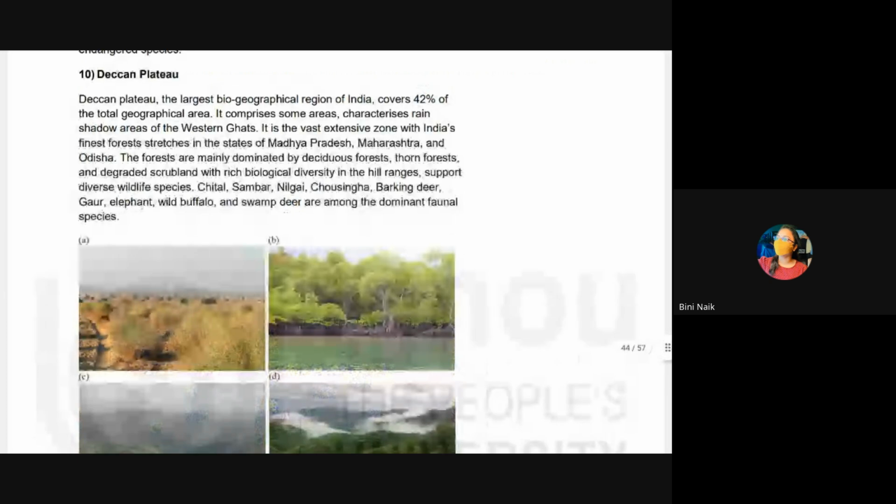Deccan Plateau. So you know about the Deccan Trough. Deccan Trough is basically the peninsular India, mostly lying towards the south.